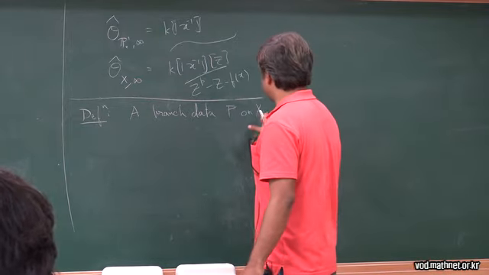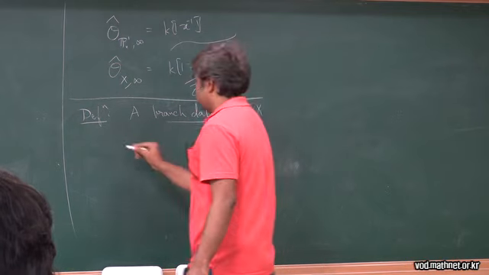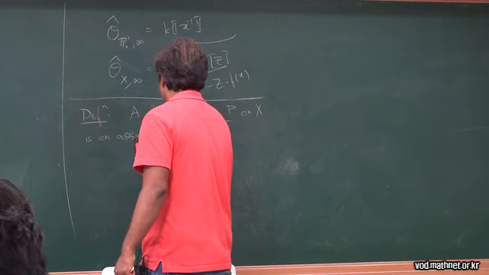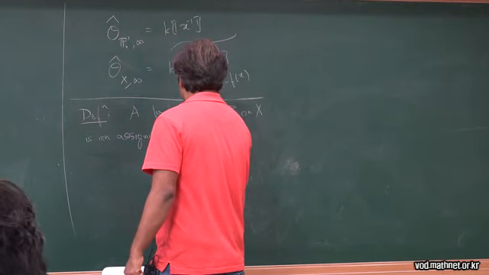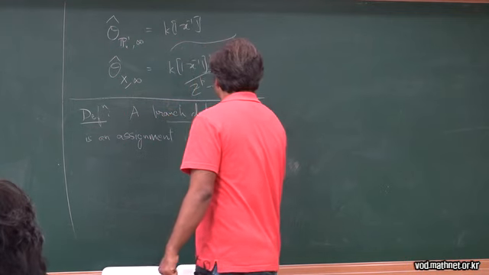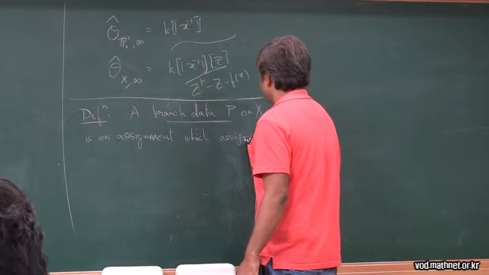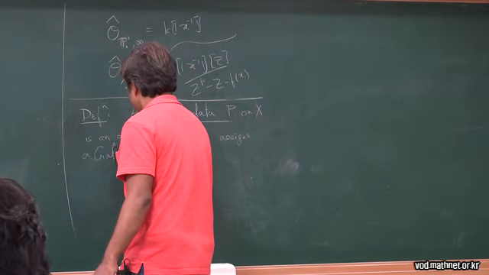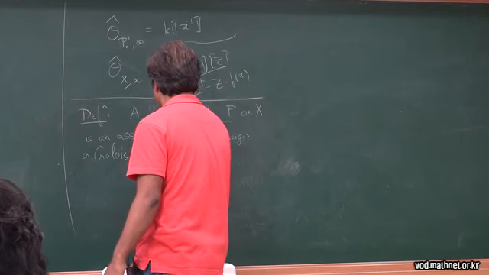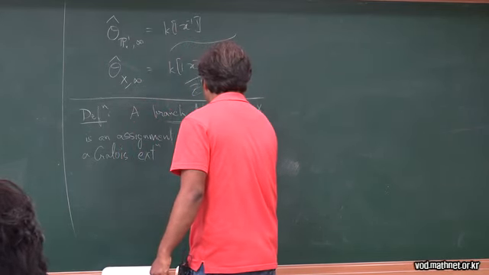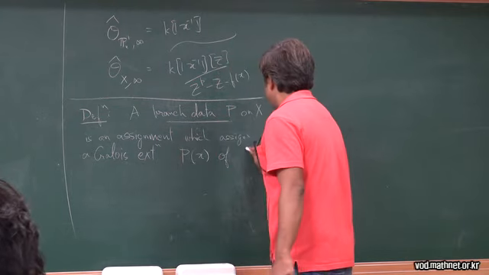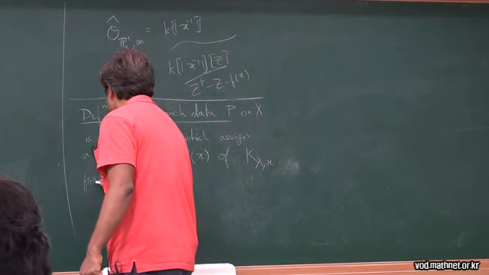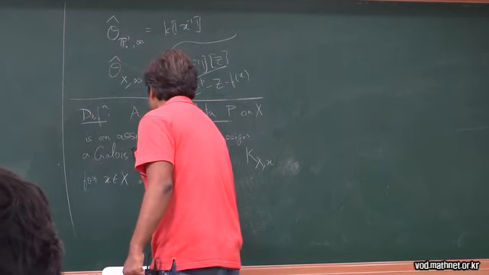What it does is an assignment which assigns a finite Galois extension P_x of K_x, for x in X a closed point.